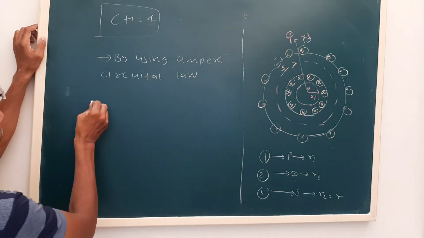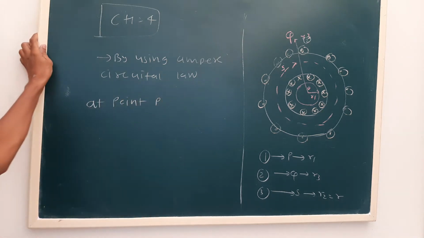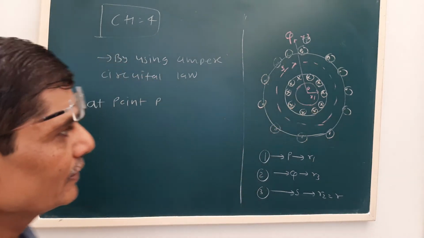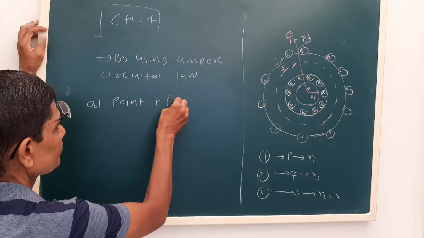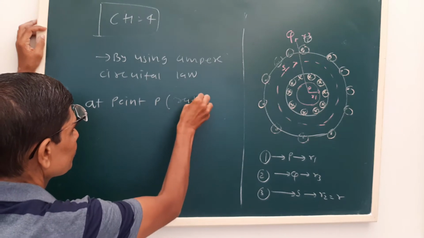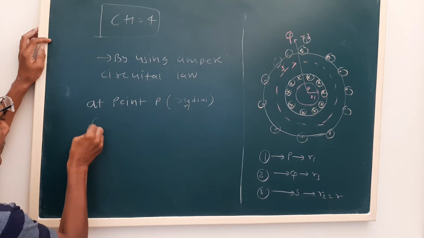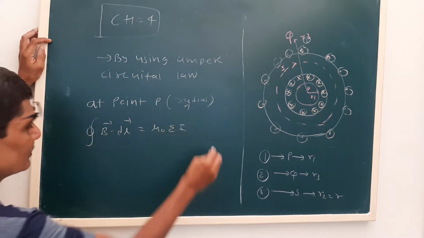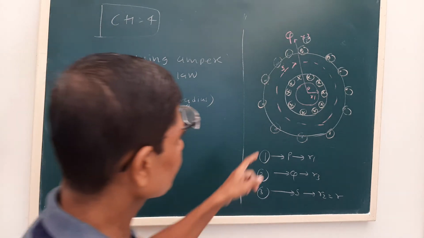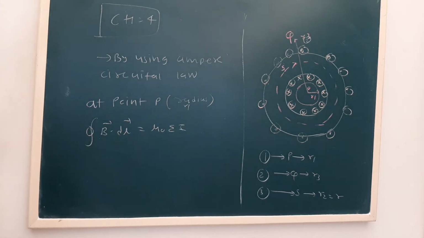Now first at a point P, the radius of this loop will be R1. Now B dot dl is mu 0 into sigma I. But what we can see here, in the loop of radius R1, this is a point inside the toroid, no current flows through it.